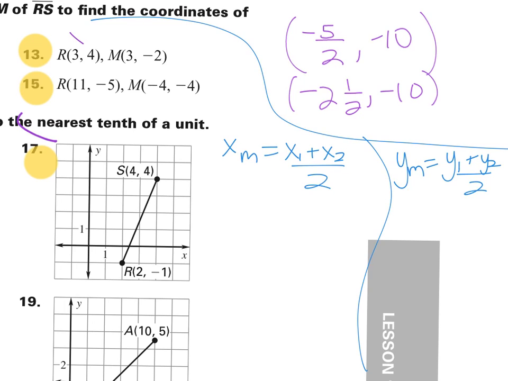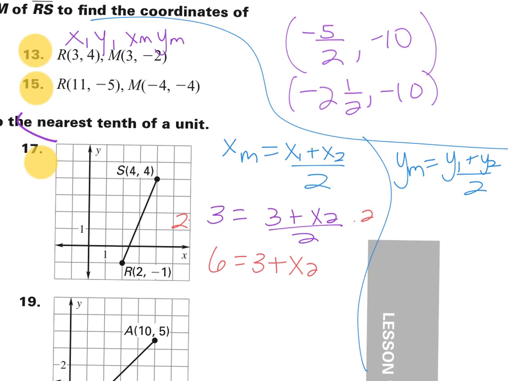So take this as my x1, y1, and this is my xm, ym. So 3 equals 3 plus x2 over 2, solved by multiplying by 2. Subtract the 3, and x2 is 3.